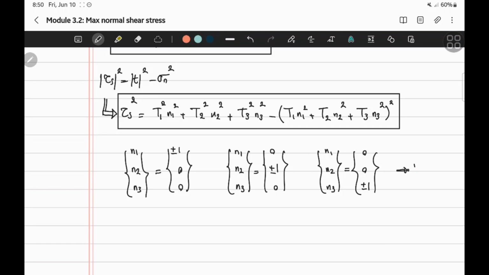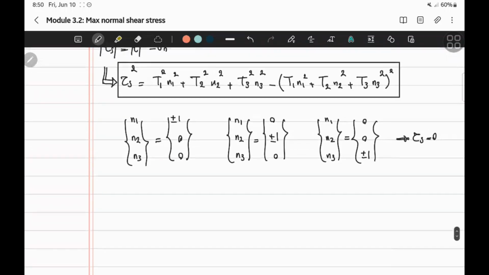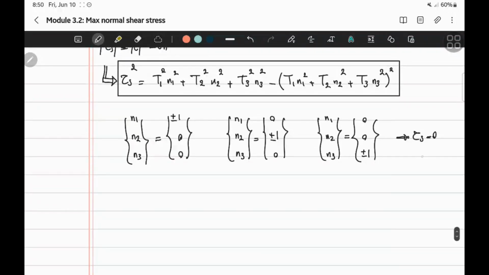So all of these get tau s equal to 0. And here we show that tau s equal to 0 is the minimum value for the shear stress.